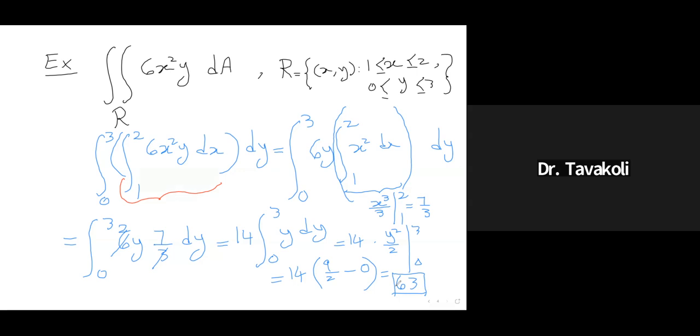You could have also done the integral with respect to y first. If you do that, you need to set up the integral with respect to y for the inside integral, and with respect to x for the outside integral. So the integral from 1 to 2, and then from 0 to 3, of the same function, dy dx.